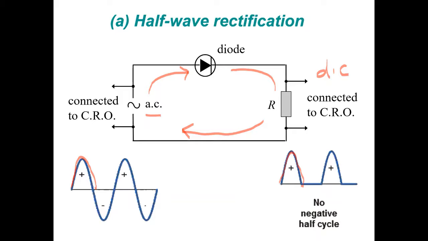And then for the second half, the current is reverse bias. So the second half is reverse bias. That's why no current can pass through, so the value will be 0.